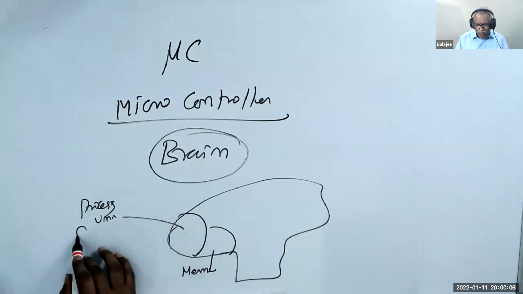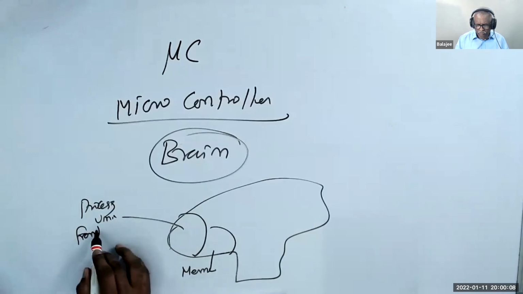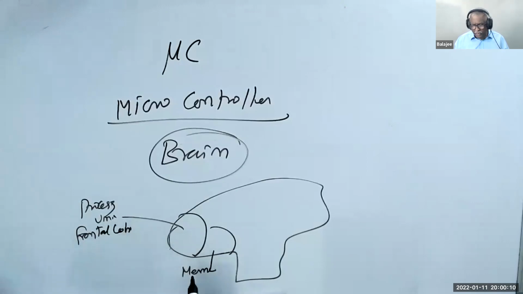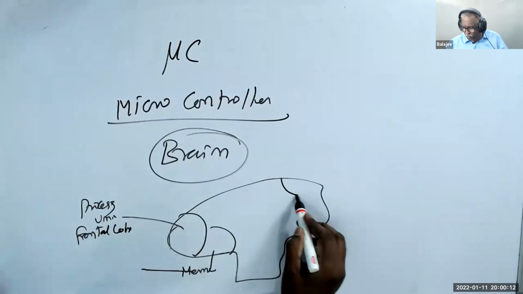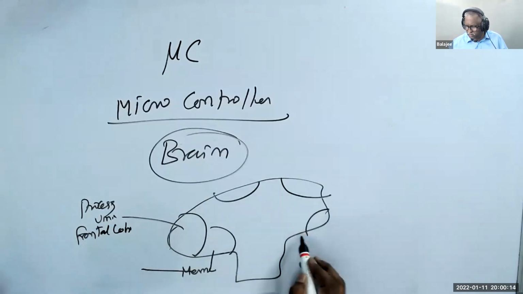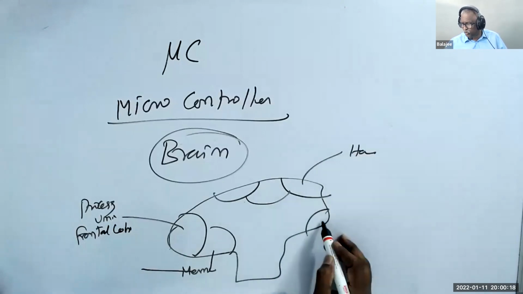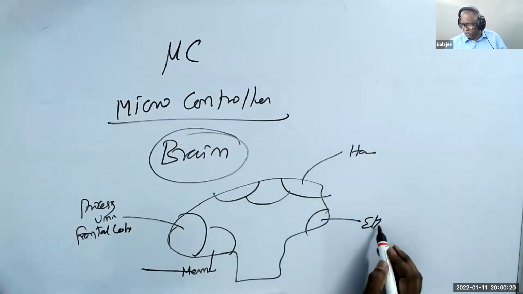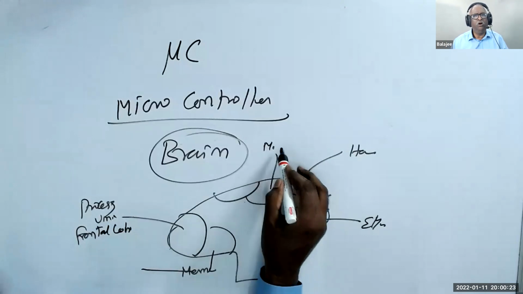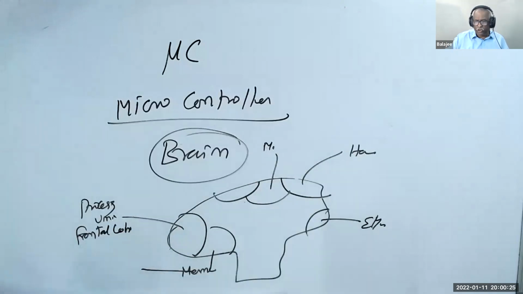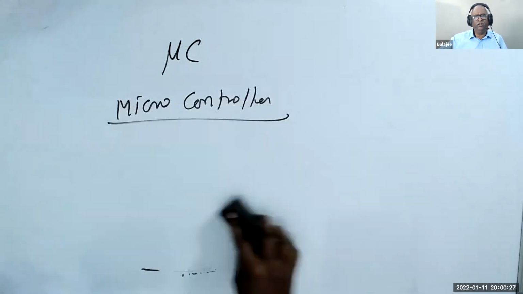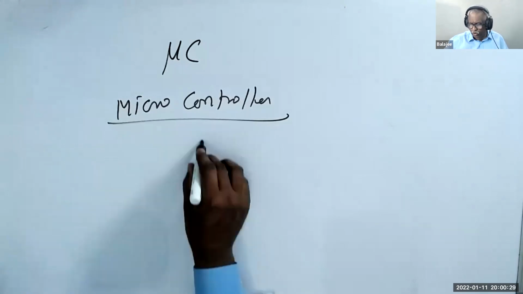This is called the frontal lobe, this is called the temporal lobe. Like that, there are so many blocks which control your hand, your eyes, your mouth. The microcontroller is the same thing, where you can control things with it.